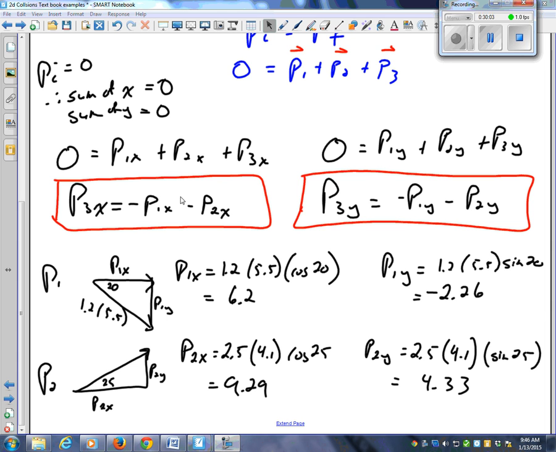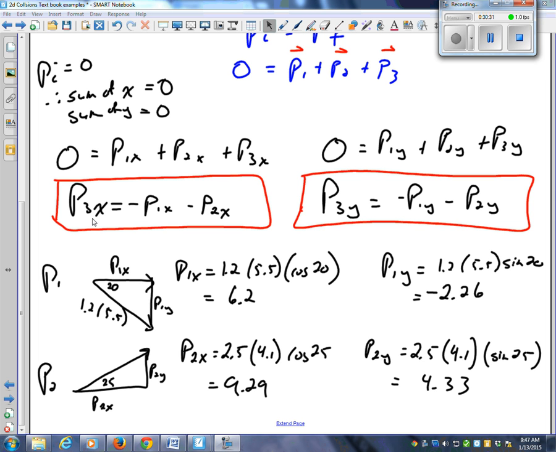Okay, so now I have to take these values and throw them into what I've done in red here, right? Now, I heard you say, Brandon, we subtract them, right? Well, remember, subtraction is really just a form of addition, isn't it? I'm taking minus P1x and I'm going to subtract P2x. Well, I'm going to come back at you and say, I'm going to add the negatives together. Same thing, really, because I've got negatives in front of it.